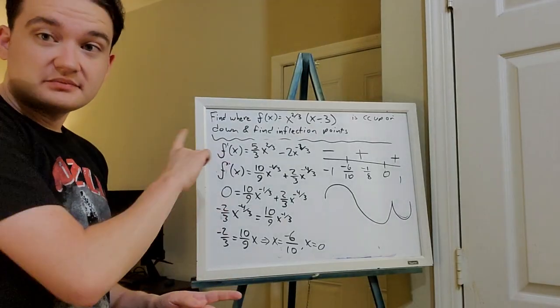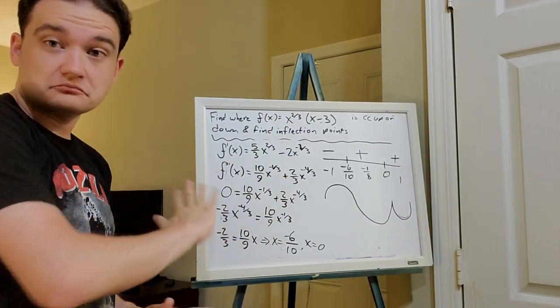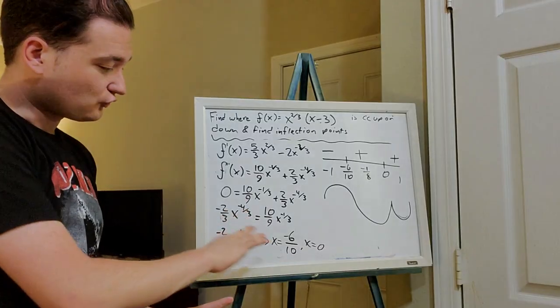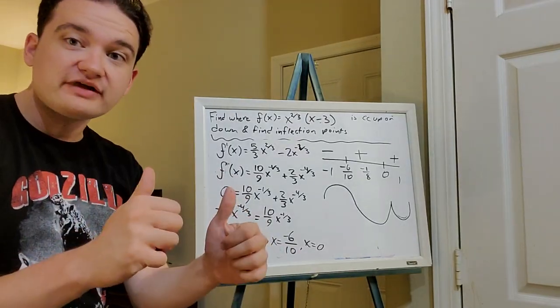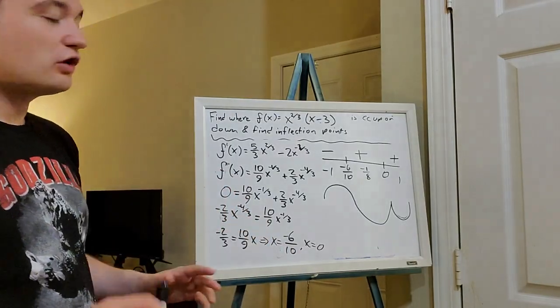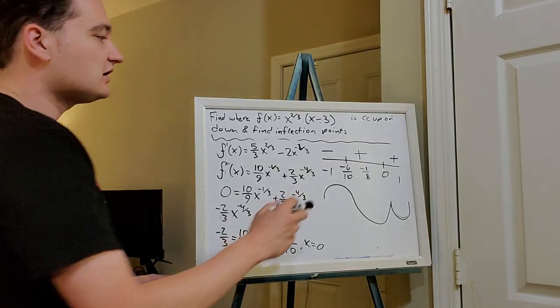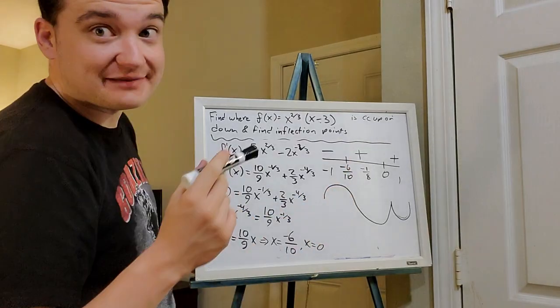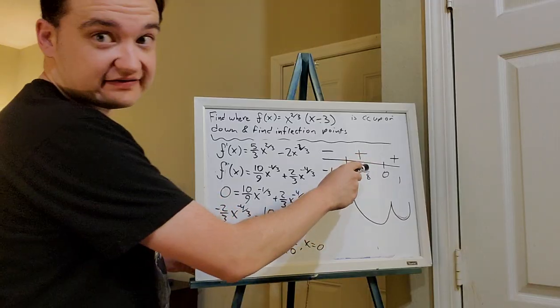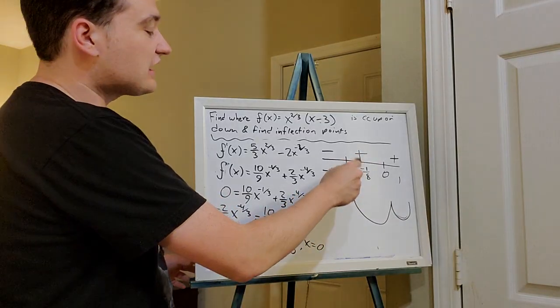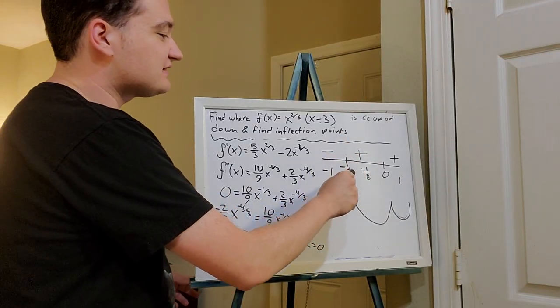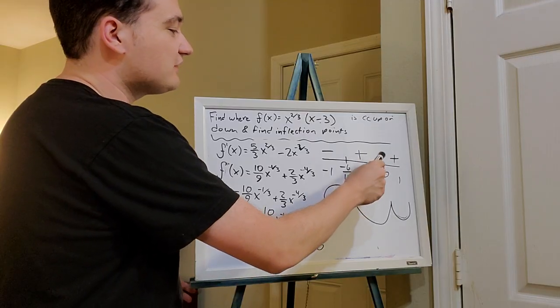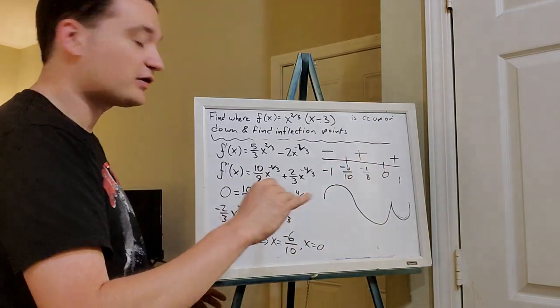Good news, second derivative, calculated fine. Critical points, A-okay. What do we see here? Negative 1/8, I got that backwards. It should be positive. So we're concave up from negative 6/10 to 0 and from 0 to positive infinity. That's where we're concave up.